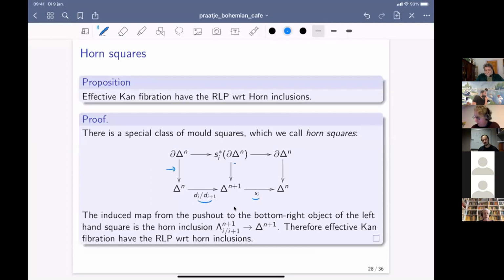Then I take this double pullback, and by definition, this will be a certain mold square. So what does it mean to have the right lifting property against this mold square? Well, it's the same problem as having the right lifting property against this inscribed map from the pushout, but that's just a horn, as you might check. So for that reason, effective fibrations have the right lifting property with respect to horn inclusions.